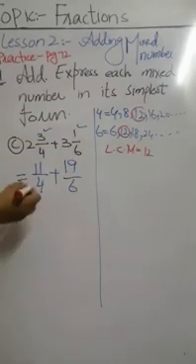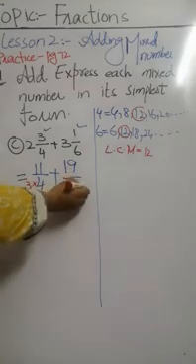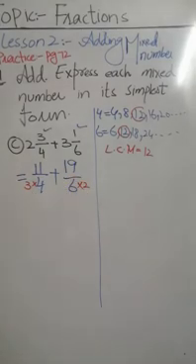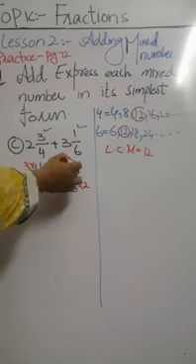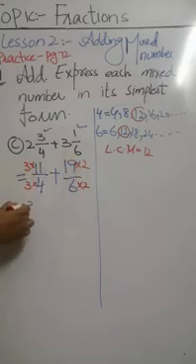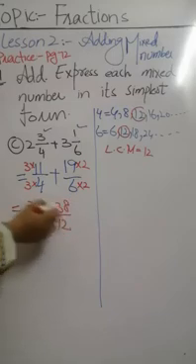Now we make both denominators 12. 4 multiplied by 3 to get 12, and 6 multiplied by 2 to get 12. Similarly, the numerators are multiplied by the same number as the denominators. 33 by 12 plus 38 by 12.